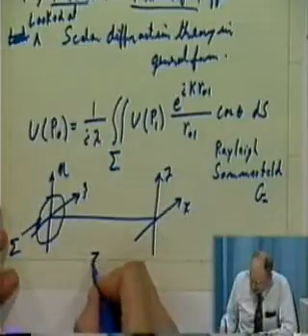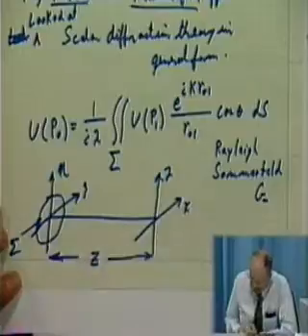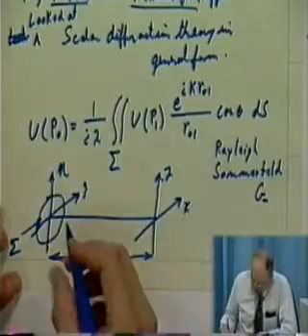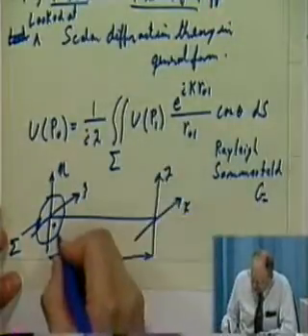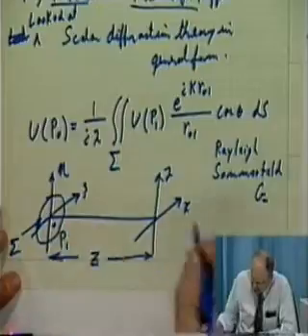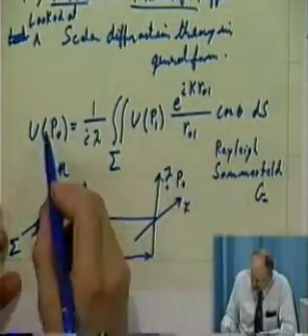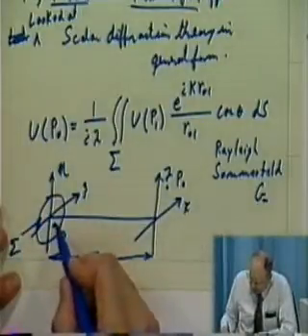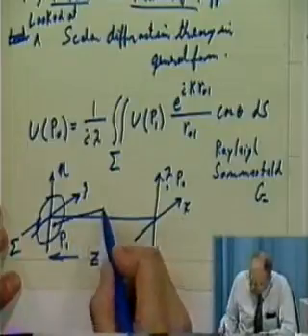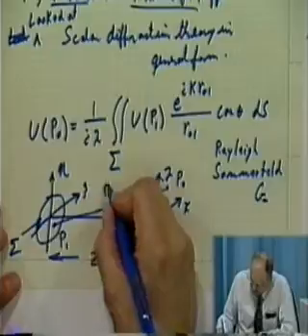Let's say we are a distance z away between the aperture and where we're looking at the field. I'm doing the integral, looking right now at some point P1. And we're looking over here at some point P naught, where we're calculating a diffraction pattern. There's some distance between P1 and P naught, and we call that R01.